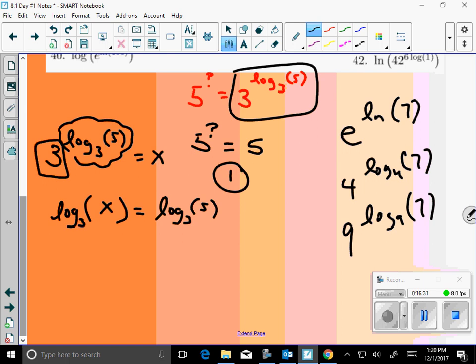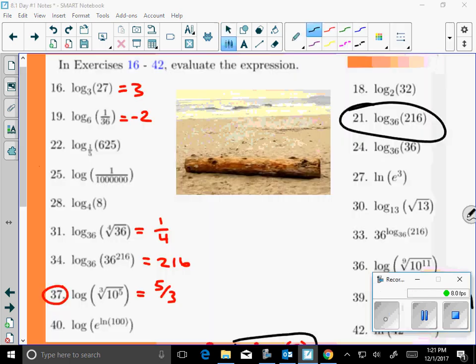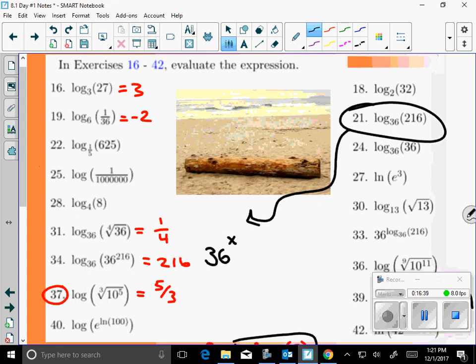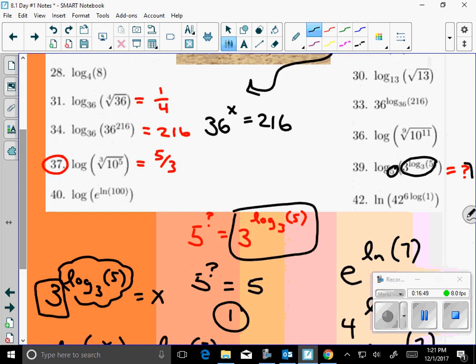Should we do one more? Let's look at 21. How would I write that? 36 to the x equals 216. Oh, no. 36 squared is a lot bigger than 216, right? But I'm pretty sure that this is 6 cubed. You might not be. But I know 216 is 6 times 6 times 6.